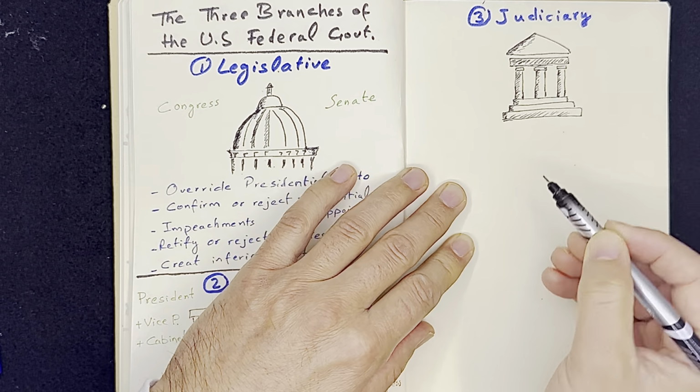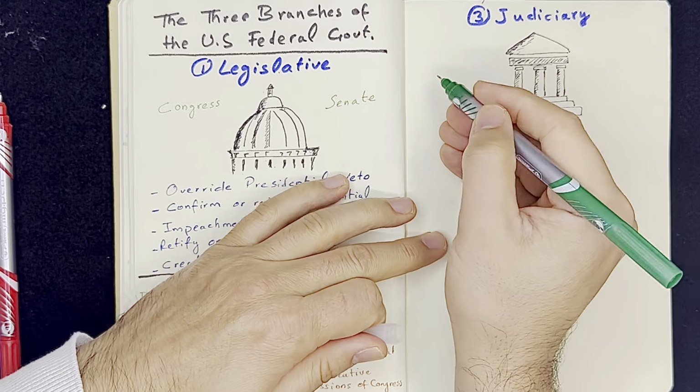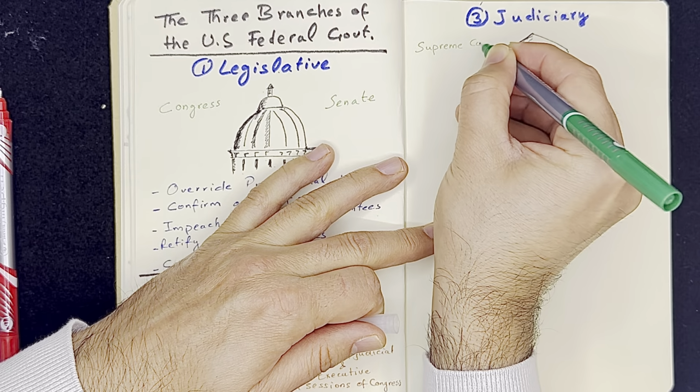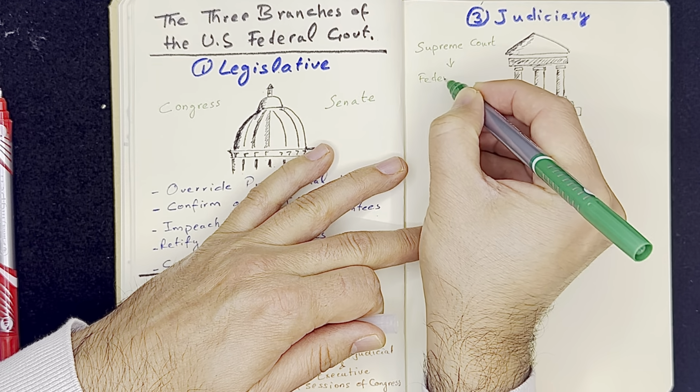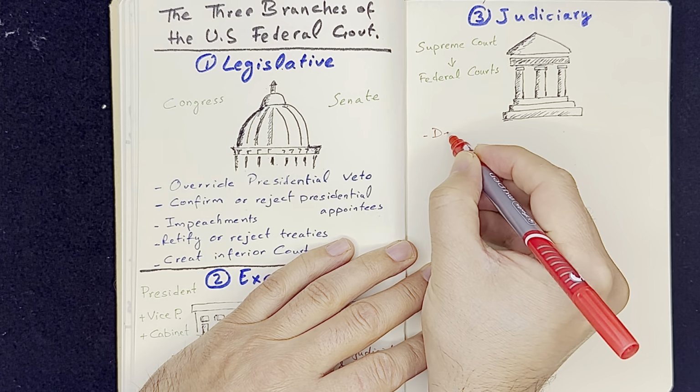All right, so to discuss the judicial branch, you have to know that the Supreme Court of the United States stays at the top, and then we have the federal courts.